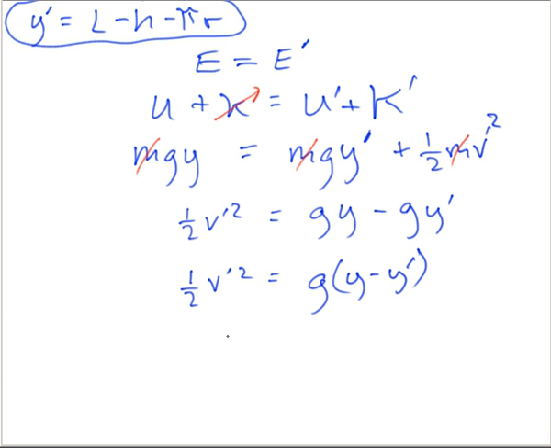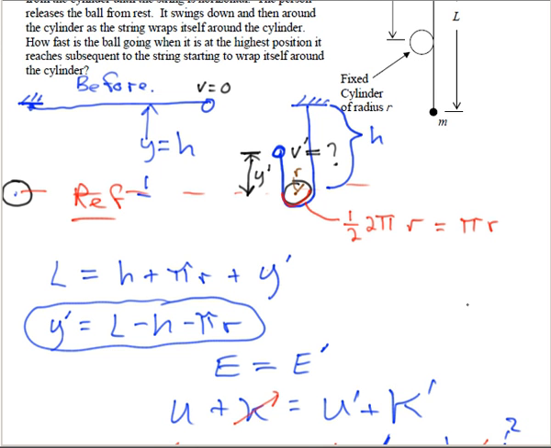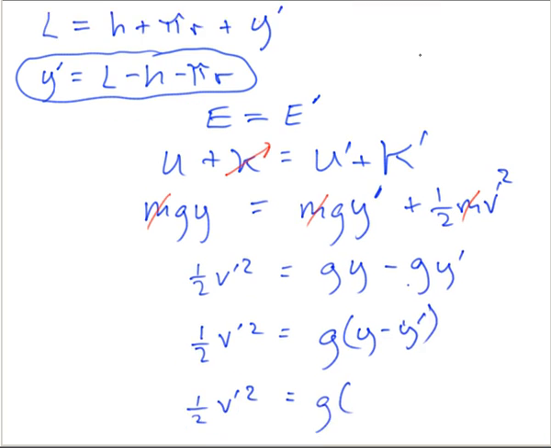Before I forget about it, I'll substitute what these y and y primes are. Yeah, v prime squared equals g, and then up here, let's see, we got y is equal to h, and y prime is L minus h minus pi r.